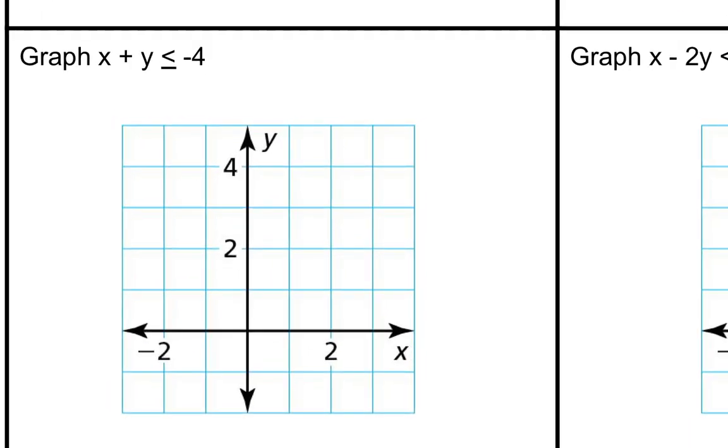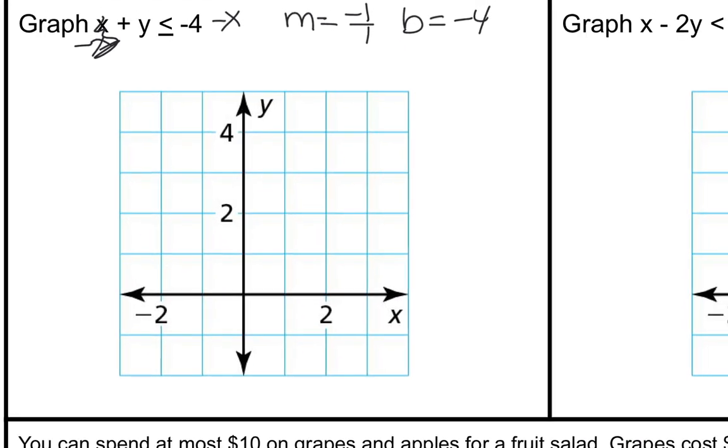All right. So let's put this one in slope-intercept form. So we're going to minus x. So this one, my slope is what? -1/1. My y-intercept's -4. Oh, man, these graphs. They're not big enough, are they?